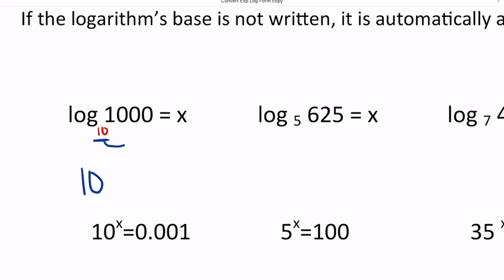So 10 to the x equals 1,000, and we have converted to exponential form. Remember, we are not concerned with solving for x right now. All we want is to convert between the two forms.